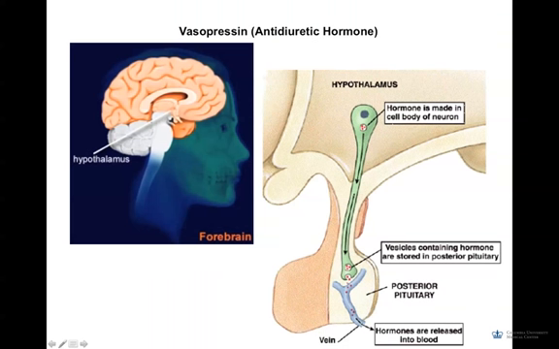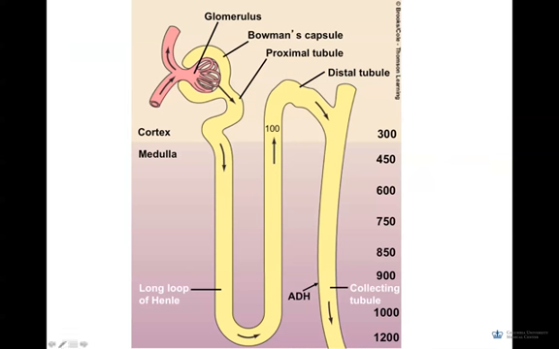Now, the degree of water that is reabsorbed at the distal tubule and the collecting duct is determined by the hormone antidiuretic hormone. ADH determines the amount of water that's reabsorbed at the distal tubule and the collecting duct, because ADH determines the degree of permeability to water of the distal tubule and the collecting duct.